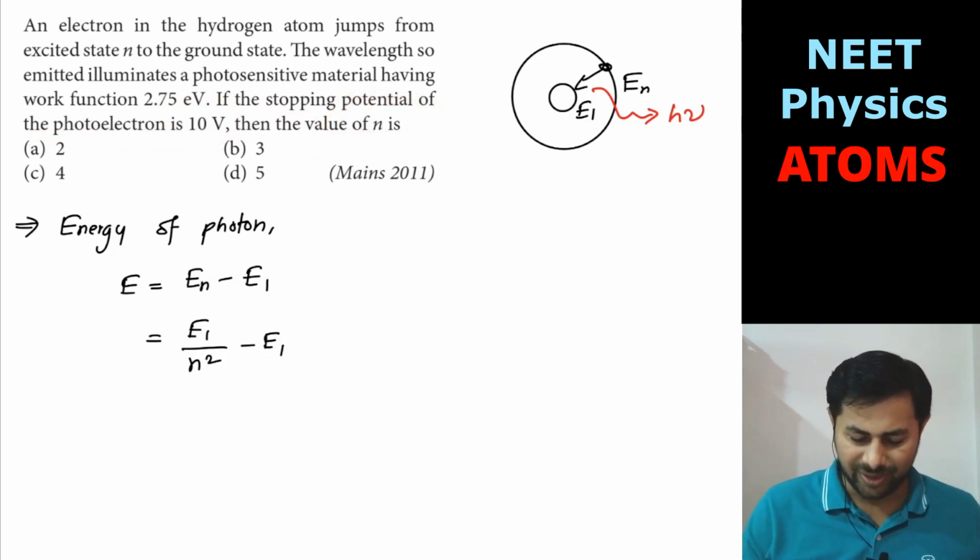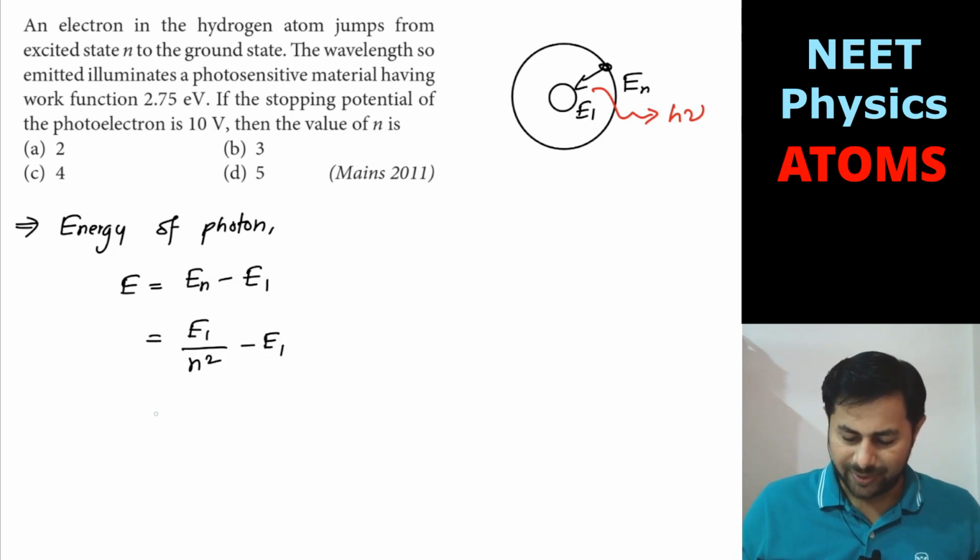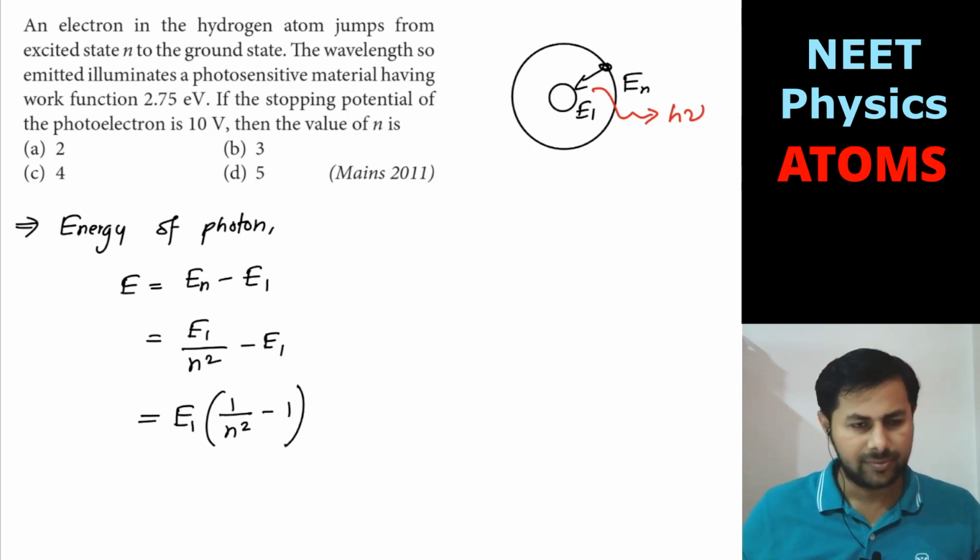Okay, this is the question. All right, so then you can take E1 common from here. What remains is 1 by N square minus 1, right?